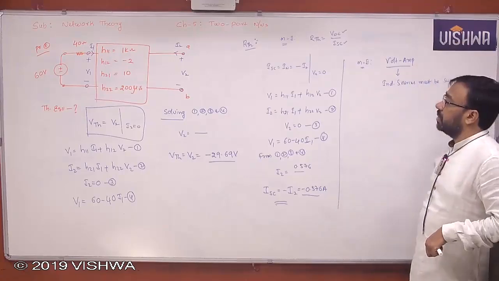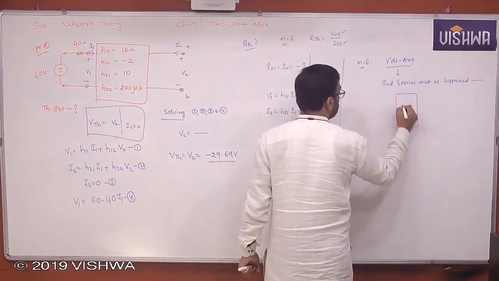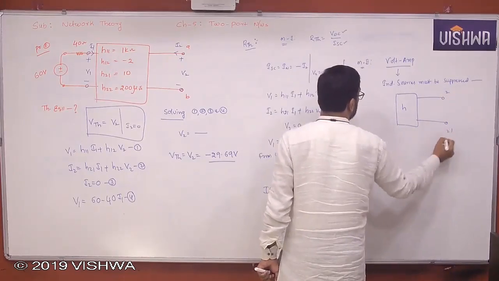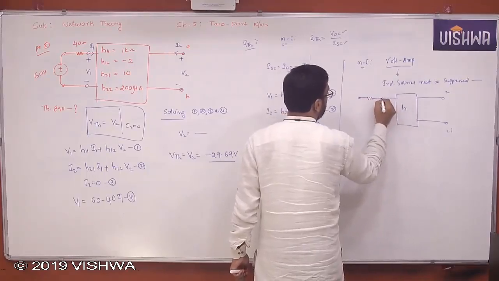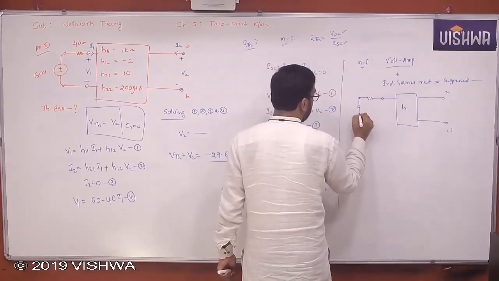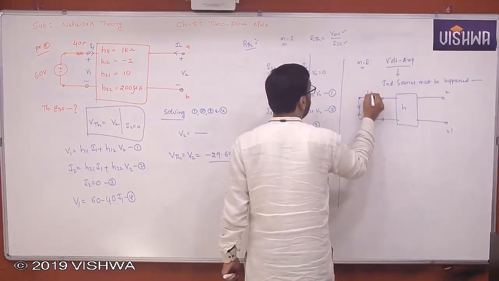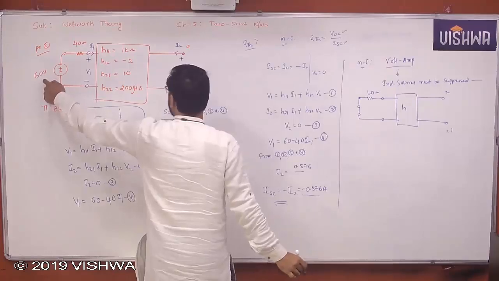If you suppress, what do you get? Tell me. This is H. This is 2 dash. And you are suppressing here the voltage source. What is the value here? 40 ohm. Right? You suppress the voltage source. Voltage source is replaced by short circuit.